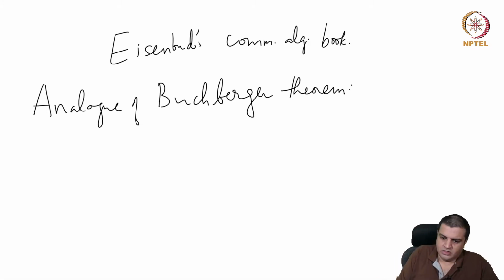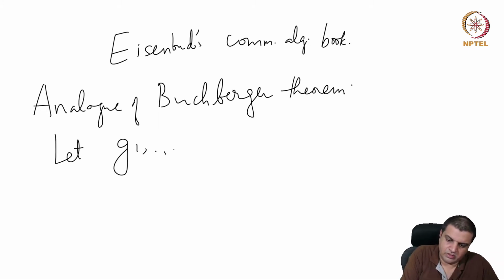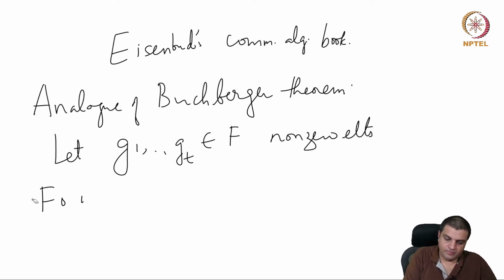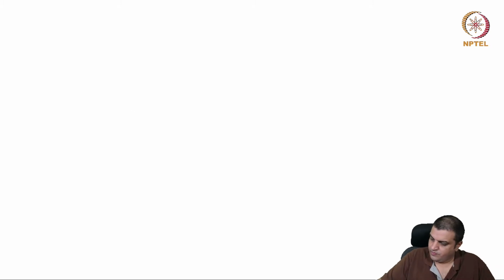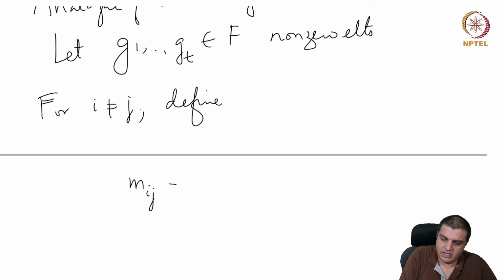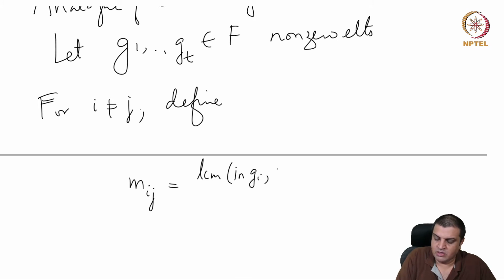Okay. So F as above, and let G1 through Gt be non-zero elements in F. For i different from j, define Mij to be the LCM of the initial term of Gi and the initial term of Gj, divided by the initial term of Gi.